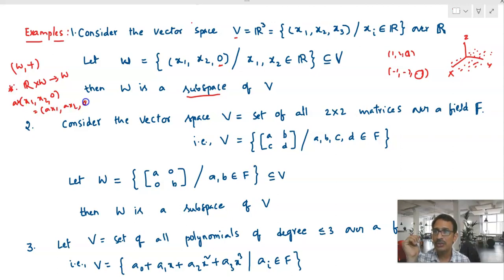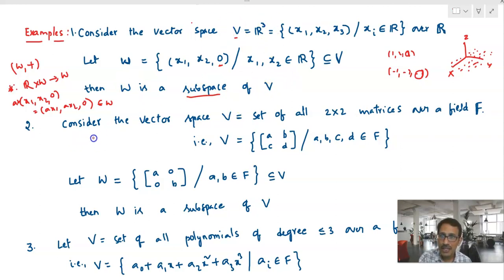What is A into 0? It is 0. So again it belongs to W. So A star alpha, where alpha is an element of W, is again in W. So the external operation is there and it satisfies all the 4 or 5 conditions with respect to this star. You can check it. And thus W becomes a vector space by itself, but it is a subset of V. Therefore, it is a subspace of the three-dimensional space V.